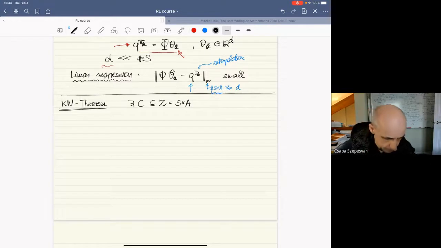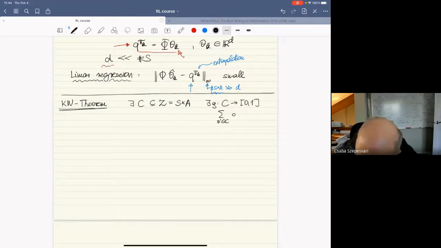So there exists this set C, and there exists a map rho from Z to [0,1] such that, if you're summing up the values of this map for the elements of C, then you get a 1.